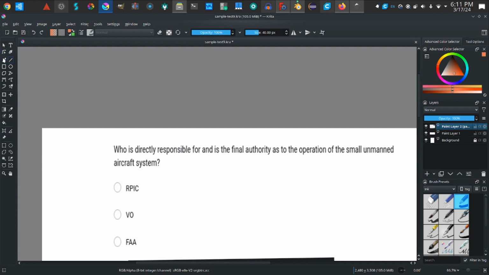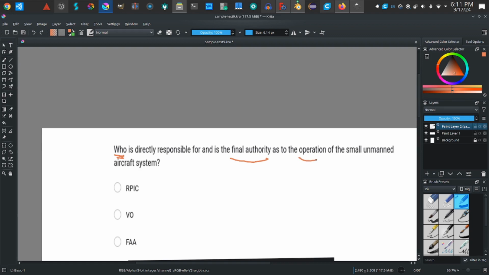All right, who? A person, so we know it's a person. Who is responsible? So it's asking who. Who is directly responsible for and is the final authority?